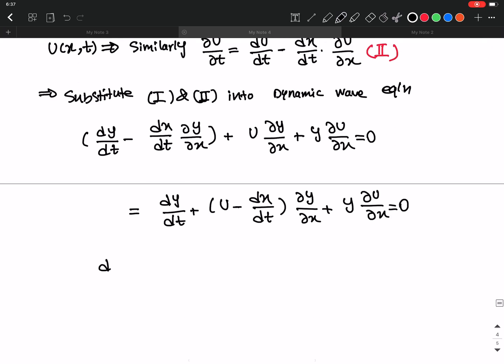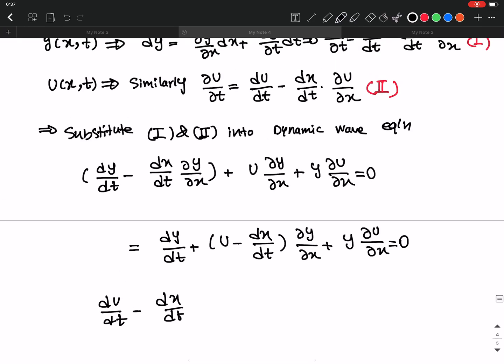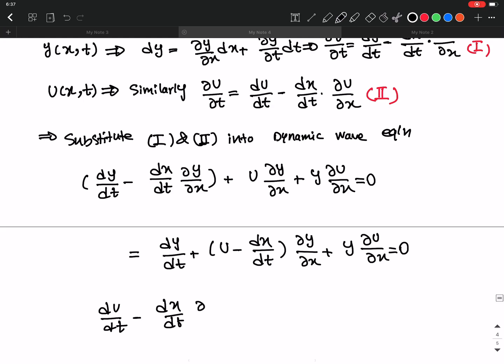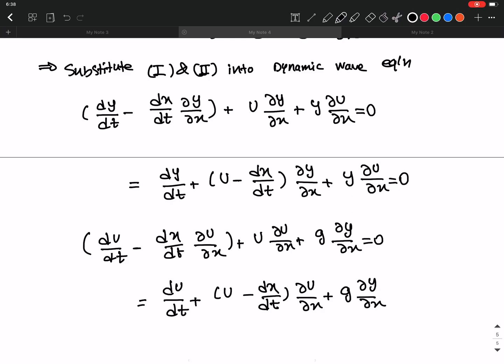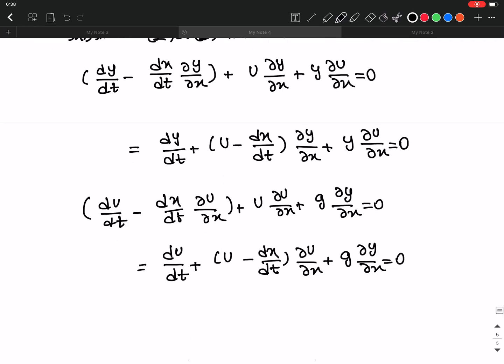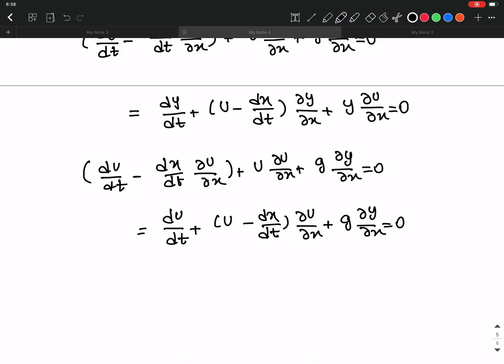So I get du/dt minus dx/dt partial u partial x plus u partial u partial x plus g partial y partial x equals 0. And I'm again going to rearrange this, factoring partial u partial x, and write it as du/dt plus (u minus dx/dt) partial u partial x plus g partial y partial x equals 0. So these are the two new equations that I have now.